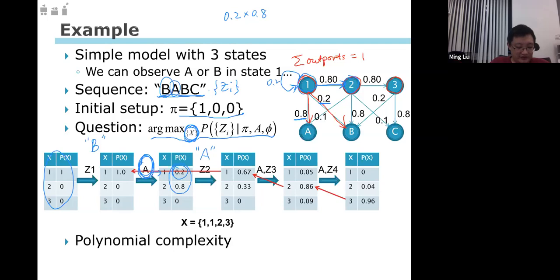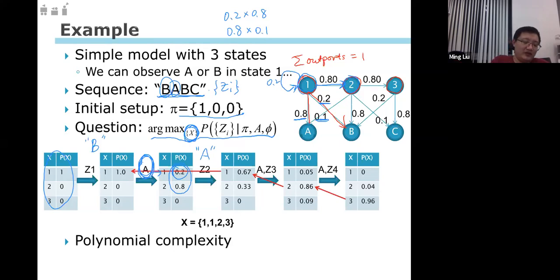And if you are in the second state, then the observation of A is 0.1. So you have an 80% chance of staying at state 2, multiplied by 0.1. So what are we really computing here?